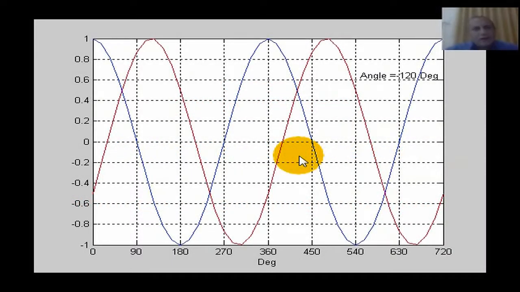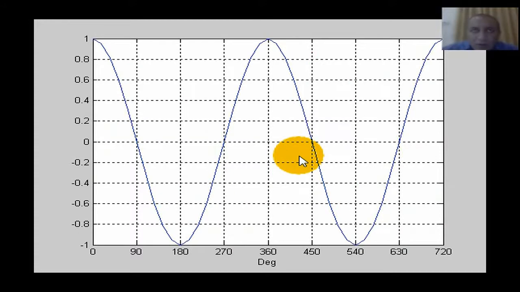Now we move to more than 90, we expect more and more negative power, and now the load and the source are somehow interchanging roles. We have an inductive circuit that is delivering power to the source.